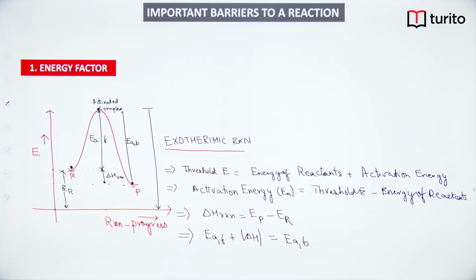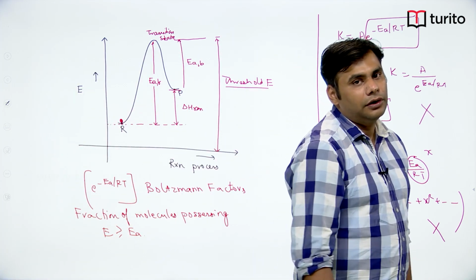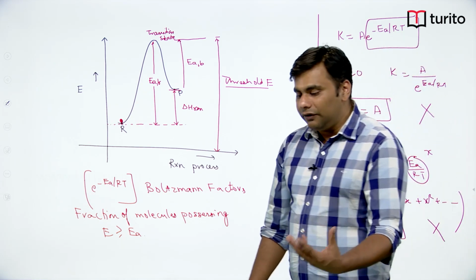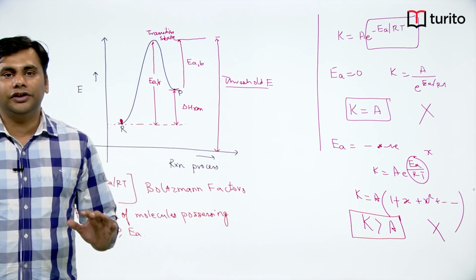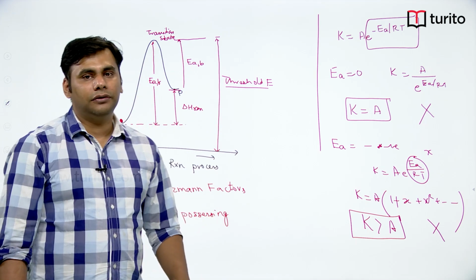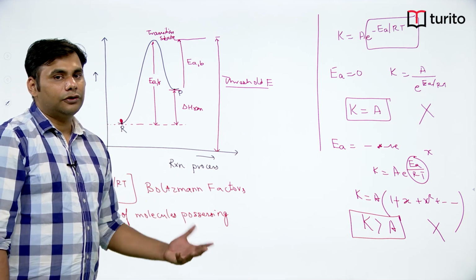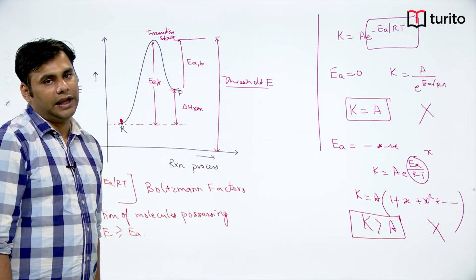So according to collision theory, a reaction happens as a result of collision between the reactant molecules, and when they collide with each other they impart energy to each other. Now if this energy is greater than a minimum value, called threshold energy, then the reaction would proceed. So all the collisions are not effective in bringing about the reaction.